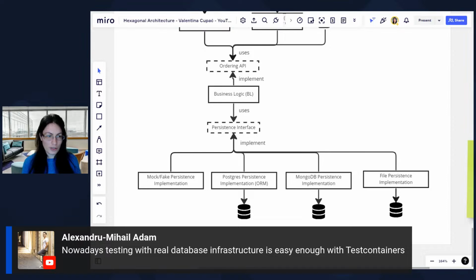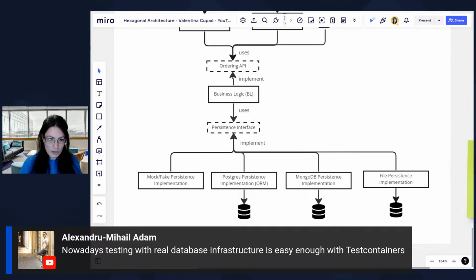The only possibility was either you have the real database or you have some kind of mock or fake, and that's it. There weren't any test containers. So from that perspective, that was, I guess, the origin of a very, very strong separation. And similarly, we can see even with Uncle Bob, who essentially built up on hexagonal architecture with clean architecture, all of the examples essentially replace the database with an in-memory database.